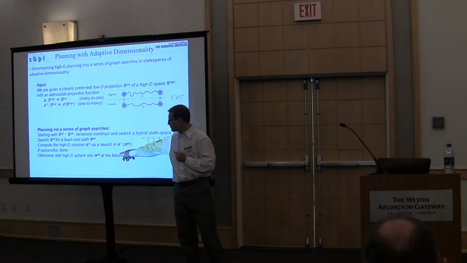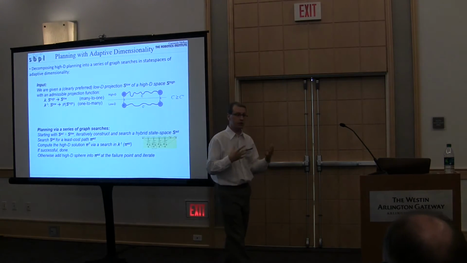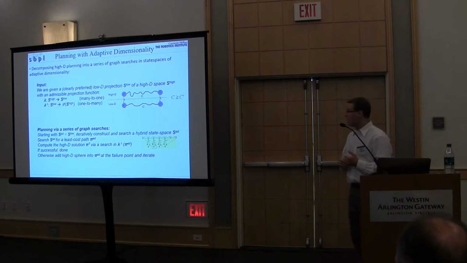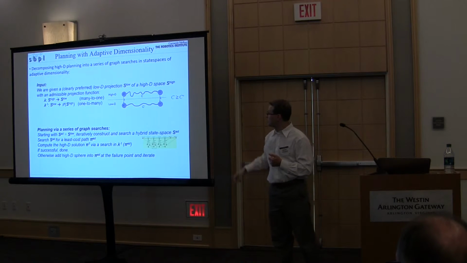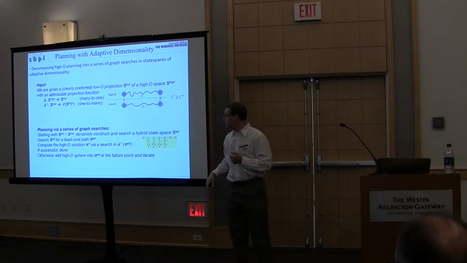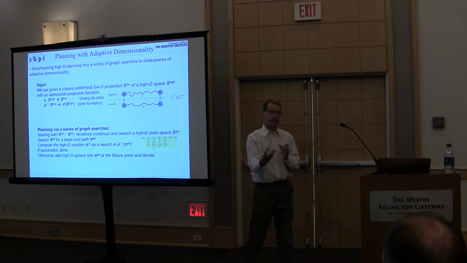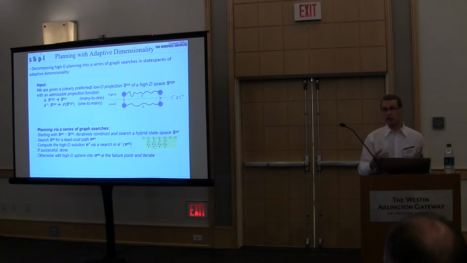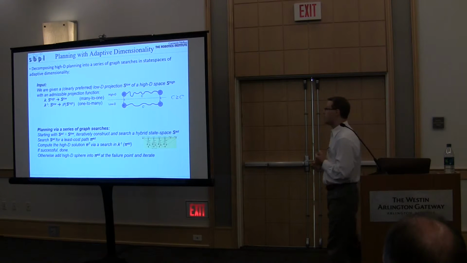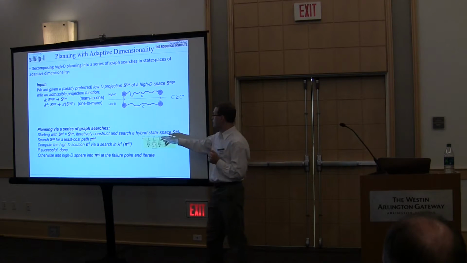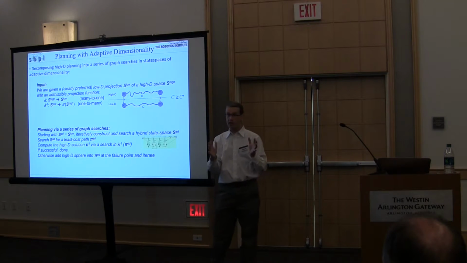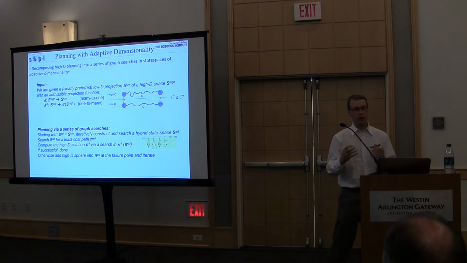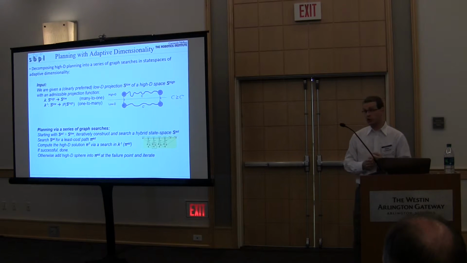If you're successful, you're done, and you know at this point that you generated a solution that is proved optimal due to the constraint on the cost. If you're not done, then you look at where the search failed, and you introduce a high-dimensional sphere in that particular place, and you re-search that graph, which has now become a hybrid graph, low-dimensional everywhere except the area where you just introduced the full-dimensional sphere.